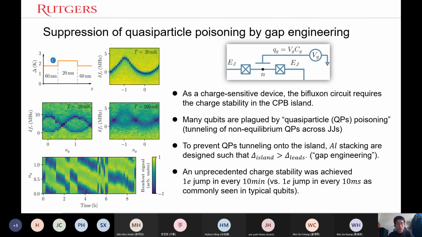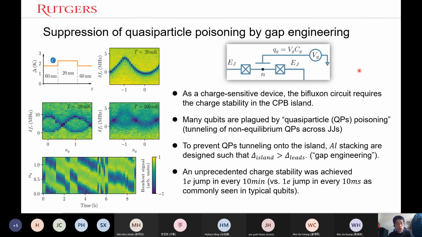So before we dive into the real qubit measurement, I want to emphasize one experimental effort that we made in terms of charge sensitivity. Because this device involves this gate control scheme, it's still a charge sensitive device, and the Bifluxon circuit will require reasonably good charge stability.